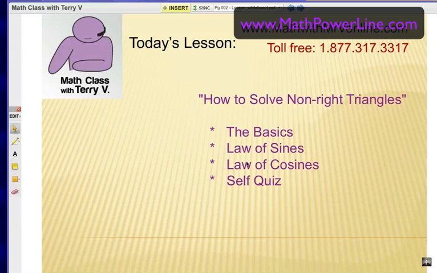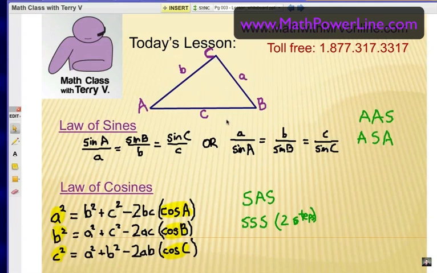And we're going to be using the law of sines and the law of cosines. So I'm going to go over with you and kind of show you the strategy of when you would use which law and which formula. So here they are. This is the law of sines, and it's a ratio between every angle of the triangle and its opposite side. Okay, and we can set those up as proportions and solve by cross multiplying.